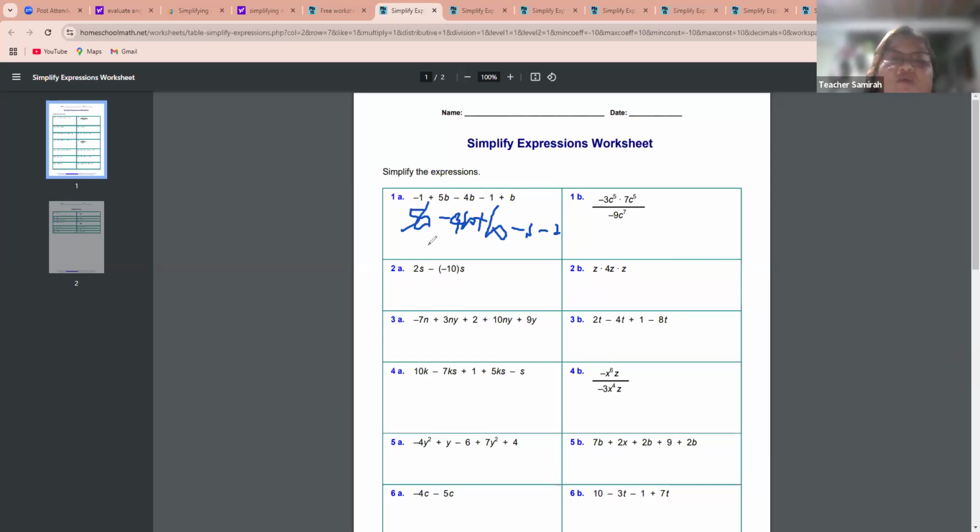Therefore, it will give me 2b, right? 2b.